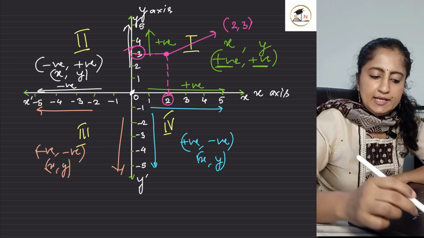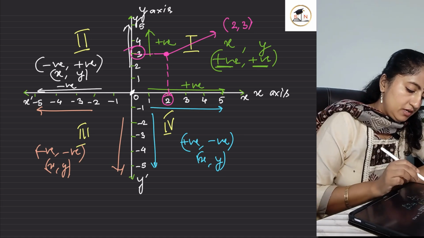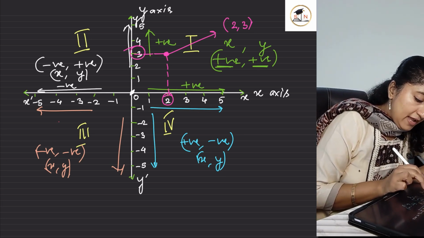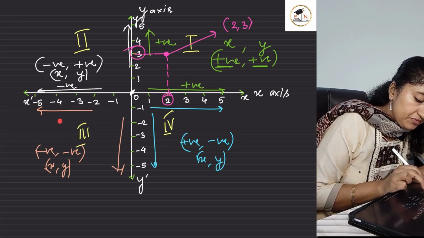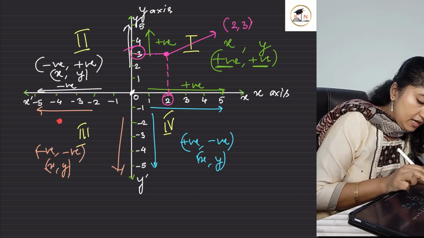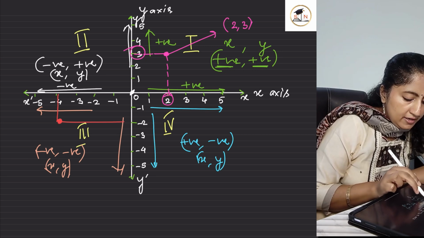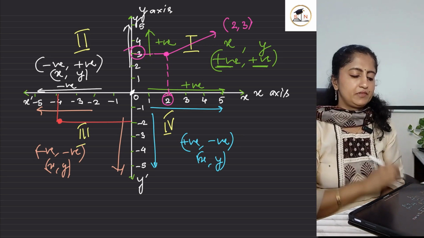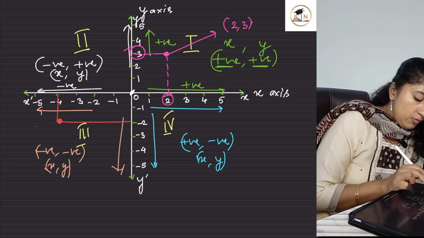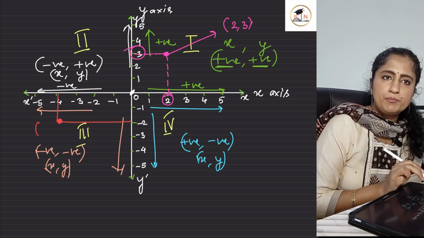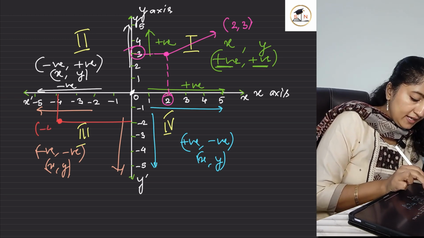Now, similarly, let's see another one. Now, for example, if I have a point over here, the red one you can see, I am dragging it vertically up and towards the right. So, how will we write? We will write the x component first, which is -4.